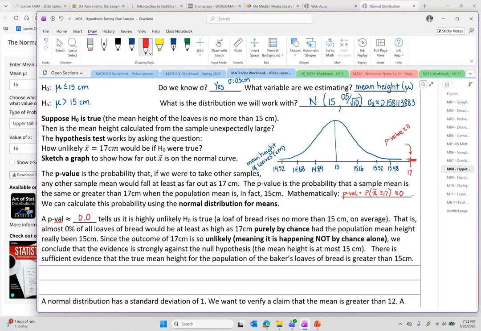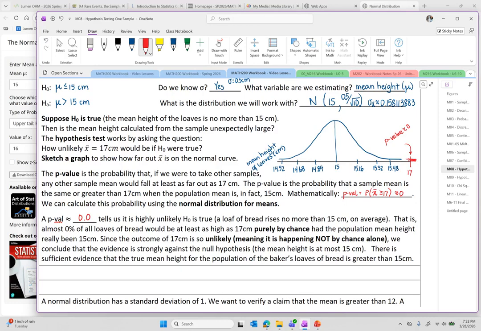That is, it is almost 0% likely that of all loaves of bread, we will get a sample of 10 loaves that has a height of at least 17 centimeters purely by chance, had the population mean height really been 15 centimeters.